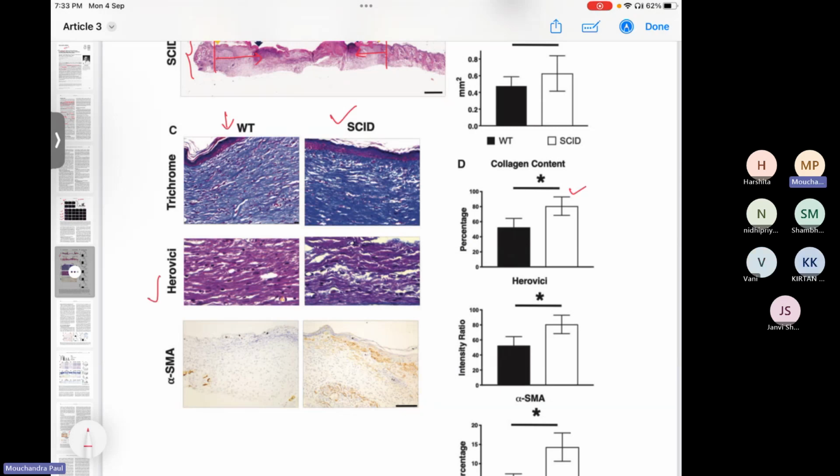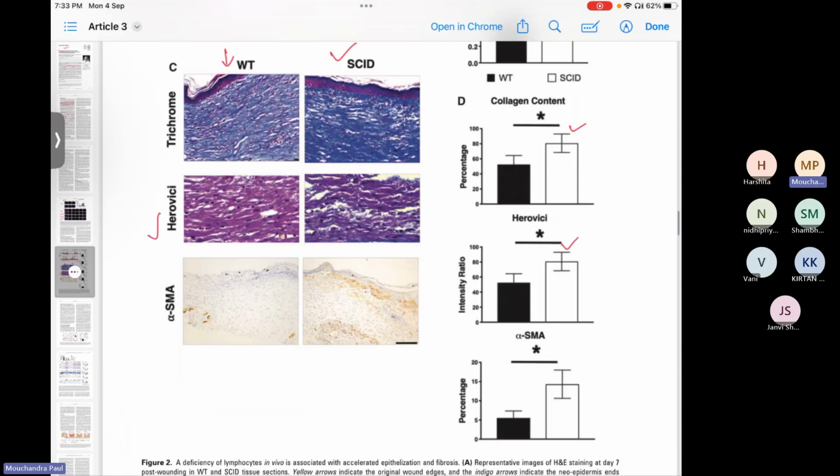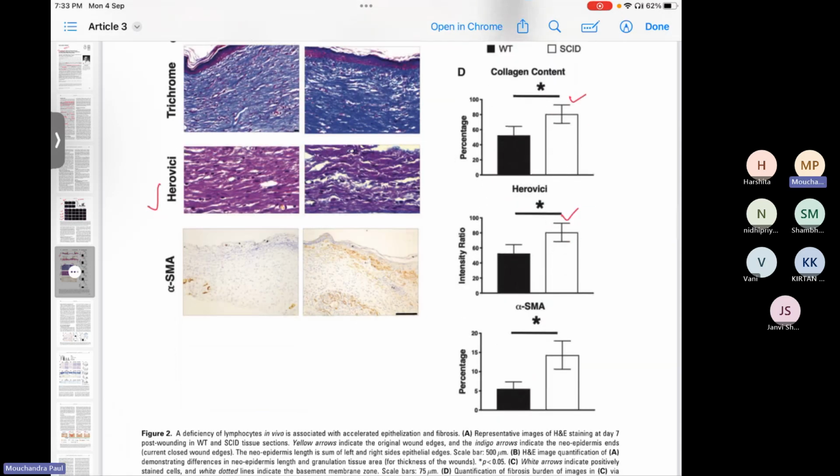So here, again in the skid mice, the collagen bundle formation is the highest, whereas in wild type mice it is less. And the wound contracture, if you recall, happens because of the activity of a special type of cells, that is myofibroblasts. So these myofibroblasts, they are partially.